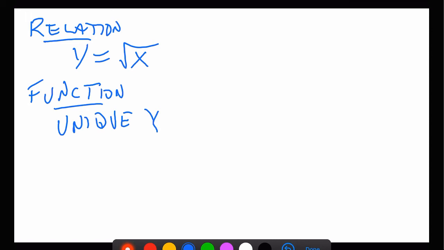So if x equals 4, what's y? Well, the square root of 4 is either 2 or minus 2. So y equals the square root of x is a relation. There's a definite answer here. I know what y can be, but it's not a function because there are two possible y's.